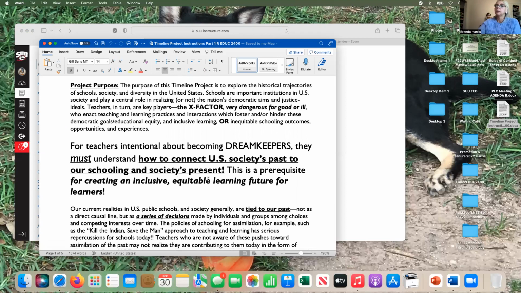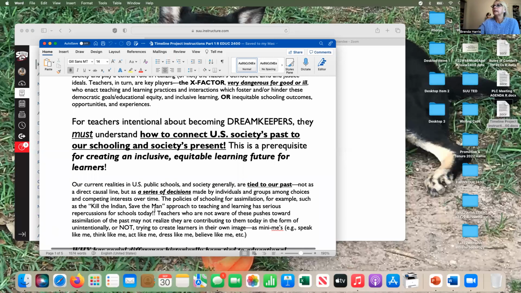Okay, so teachers have to know how to connect the past and society's present to create educational equity. And if you remember in our syllabus, we are only interested in educational equity. Inequity and leaking pipelines, we have enough of that. We don't need any more. We're trying to reverse that. Okay, so things like "kill the Indian, save the man," those were major contributors to leaking pipelines.